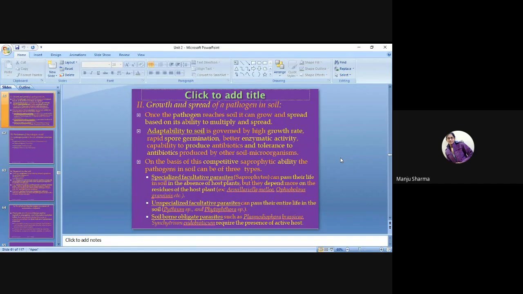In that case, this kind of parasite easily survives. For example, Armillaria mellea, Ophiobolus graminis.